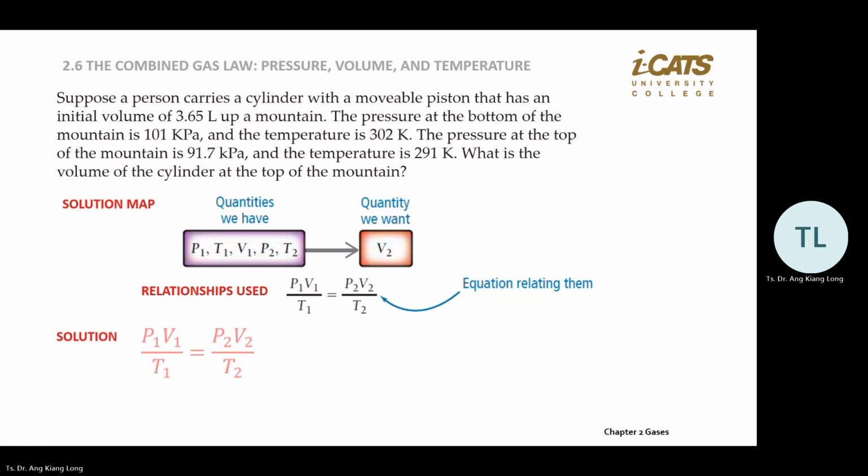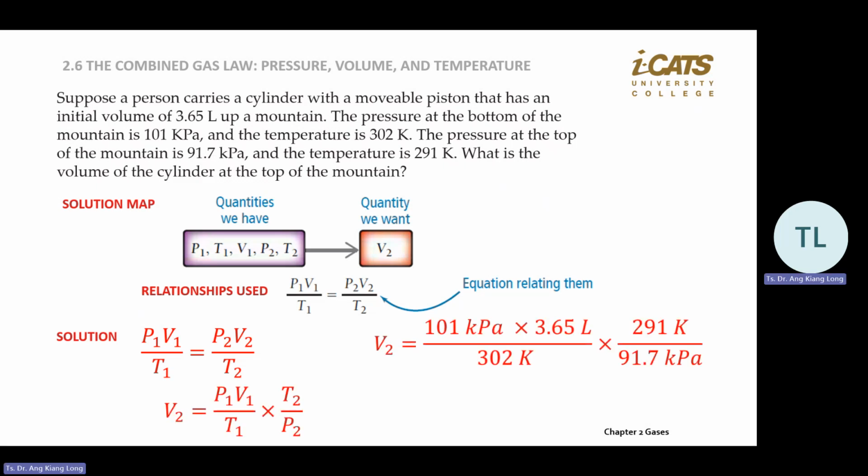Okay. So the way of solving the problem: write the general equation, what equation you use, then substitute. Remember to write the units and cancel out the units, and you will get the answer. V2 equals 3.87 liters.